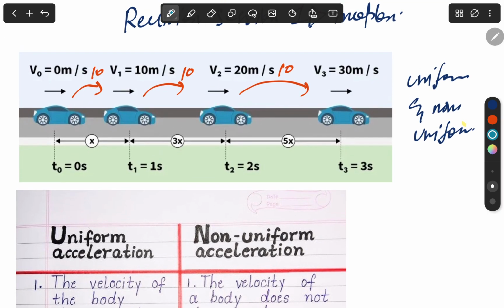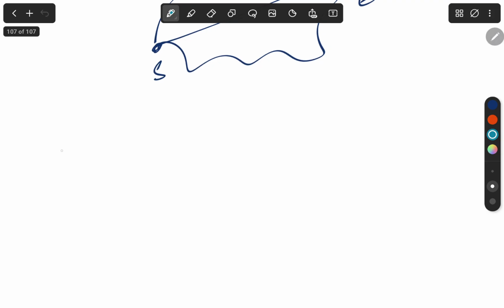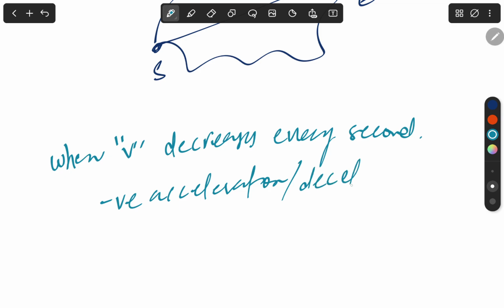When the velocity decreases every second, we say that is negative acceleration or deceleration.